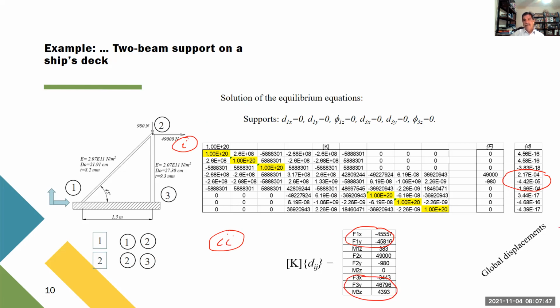So we have 3 unknowns here. We have 3 more reactions, 3 more reactions, total 9 unknowns. That's the solution for the global equilibrium.